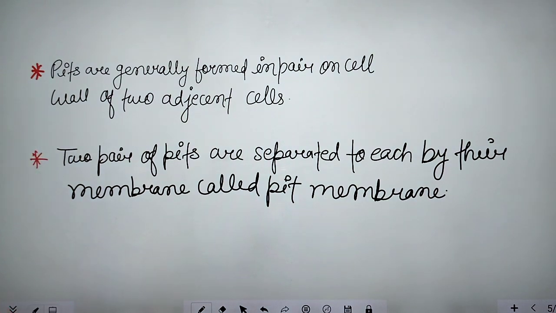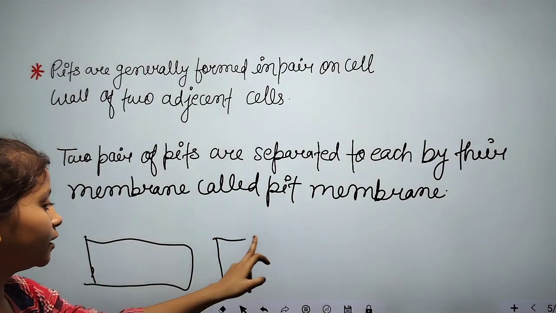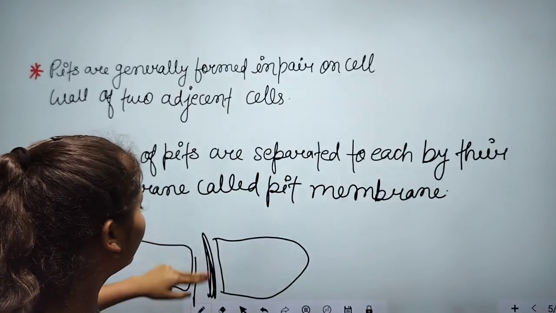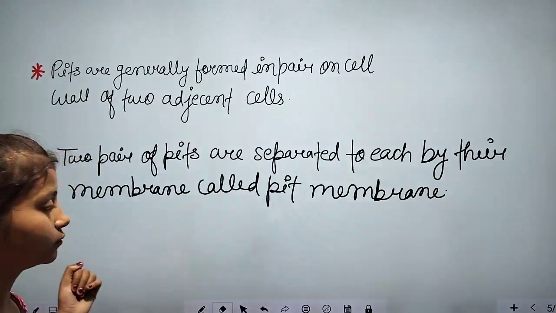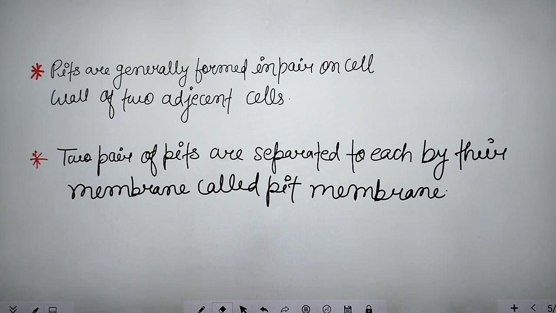It means the two pits of a pair are not attached to each other, they are separated by the pit membrane. These membranes are completely permeable to both solute and solvent.